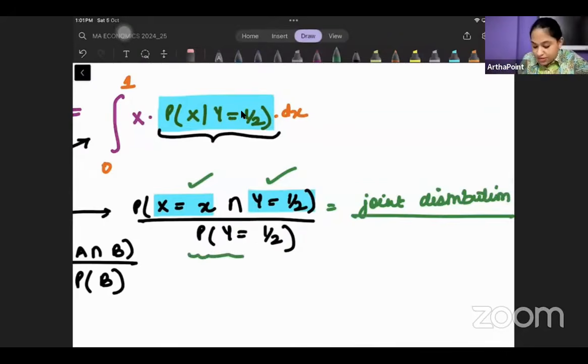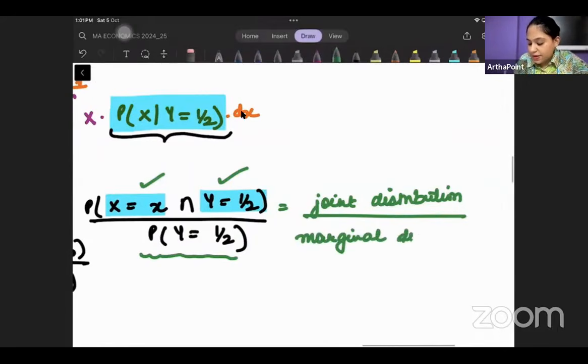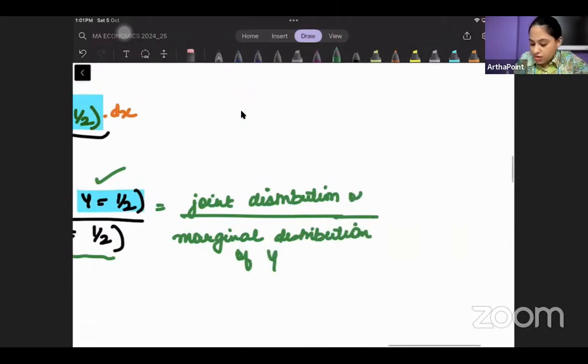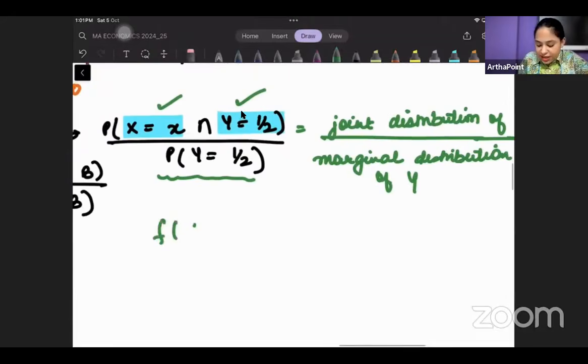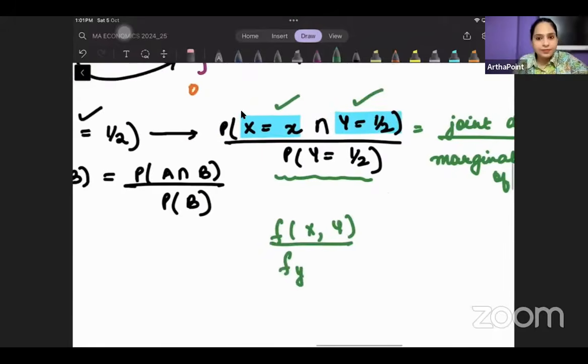There is no x in the denominator, meaning this is the marginal distribution of y. It is independent of x. So this is the marginal distribution of y, and this is the joint distribution of x and y. In other words, the numerator is f of xy and the denominator is f of y.